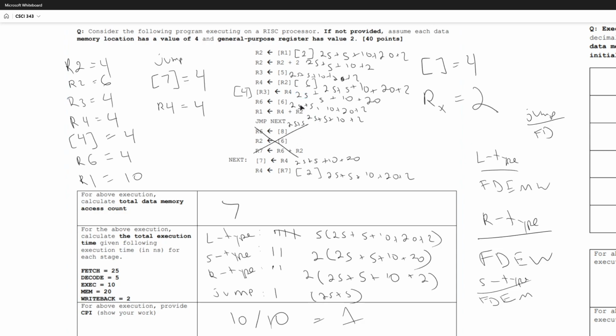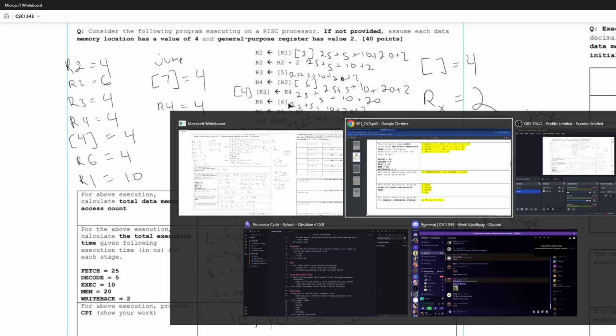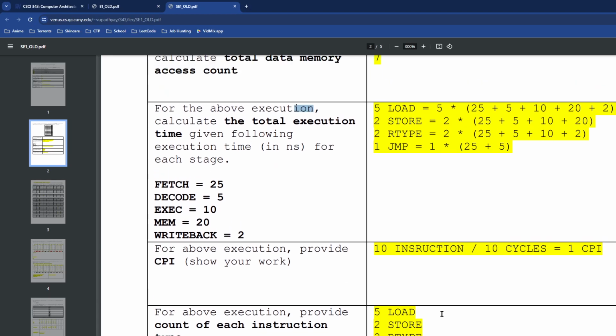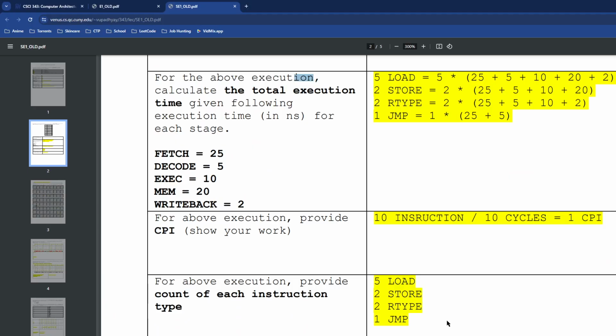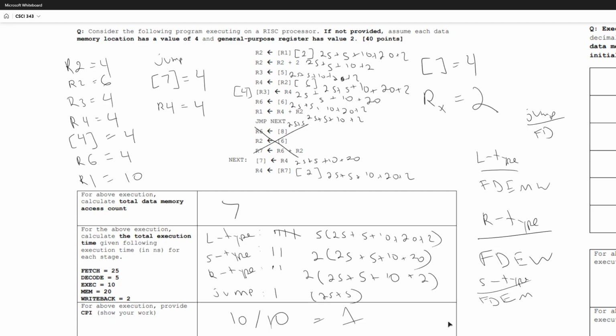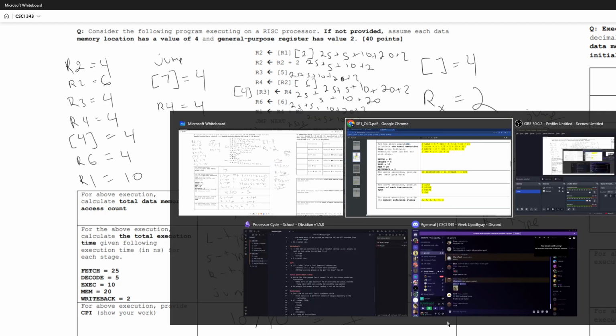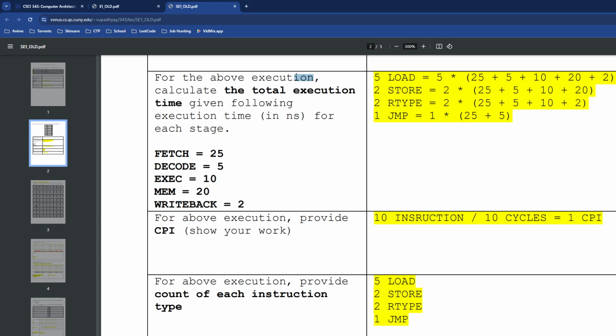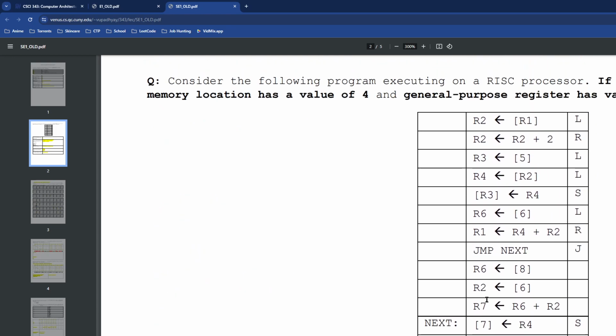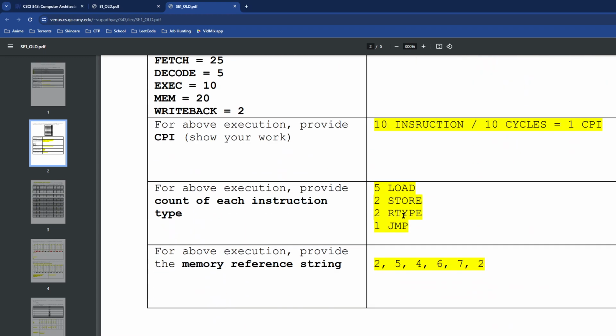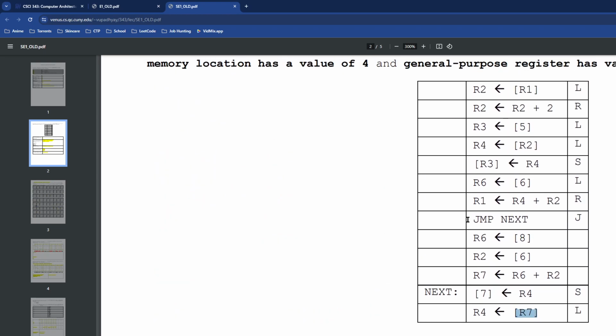Did I screw up? Did I do 2, 5, 6, 4, 6? Okay. This is definitely, there's supposed to be another 6. I think he typoed. 1, 2, 3. Yeah, he just missed one, I think.